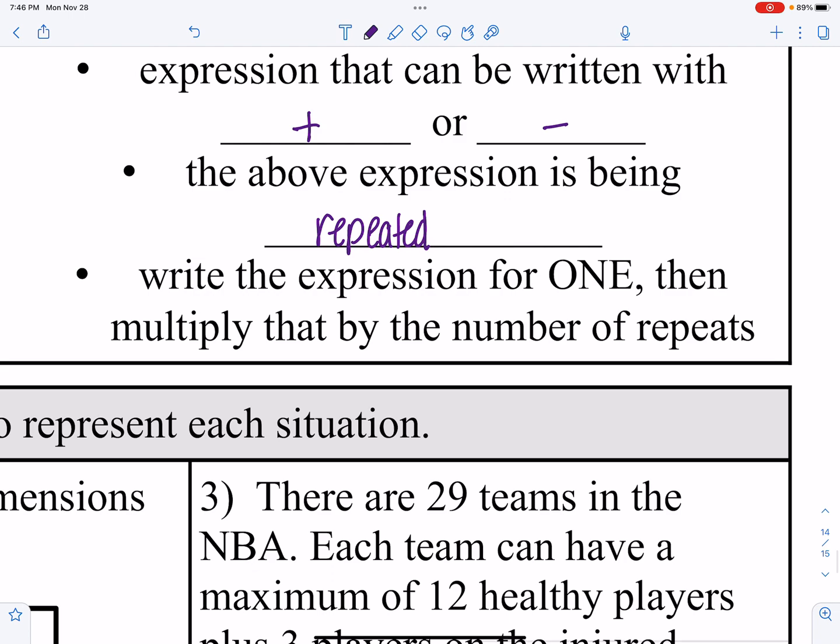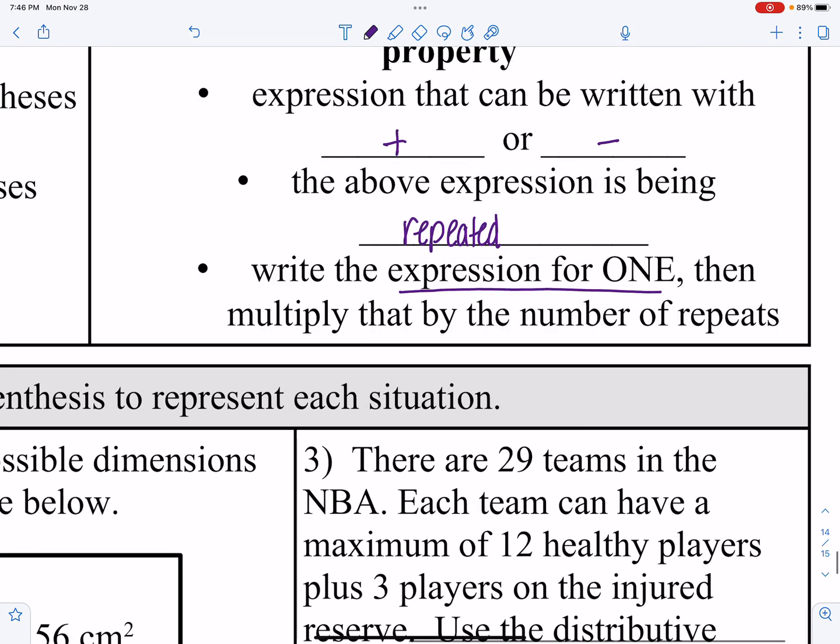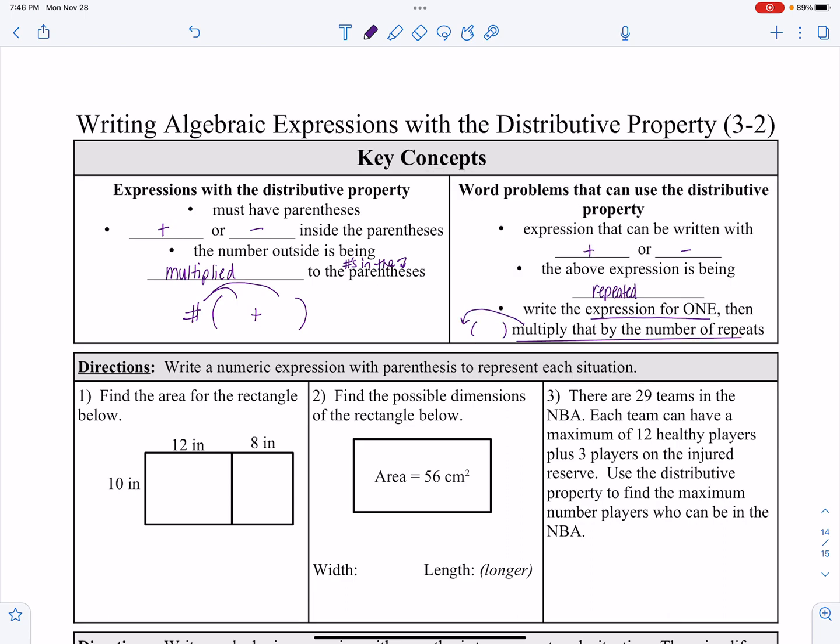What you want to do when you're reading these word problems is identify that, focus on the base expression for one, and then on the outside, multiply that by the number of repeats, and that would go out here. So that's what we're going to focus on today.